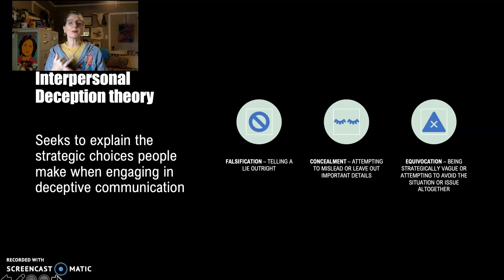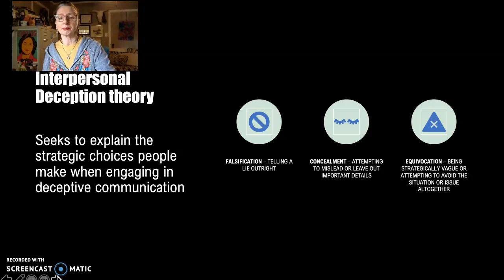So falsification is telling a lie outright, something that's not the truth. Concealment is finding ways to hide things. Equivocation is being vague, making things murky, so you can't really see what's going on. You're not sure what is going on. Okay, here we go.